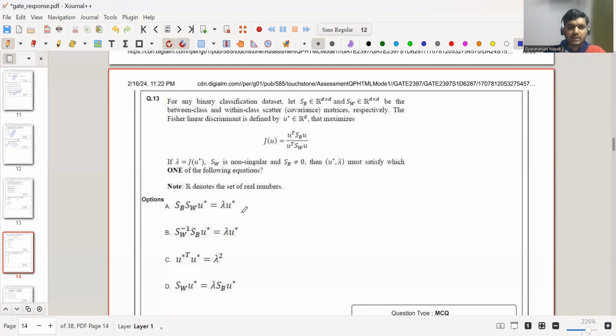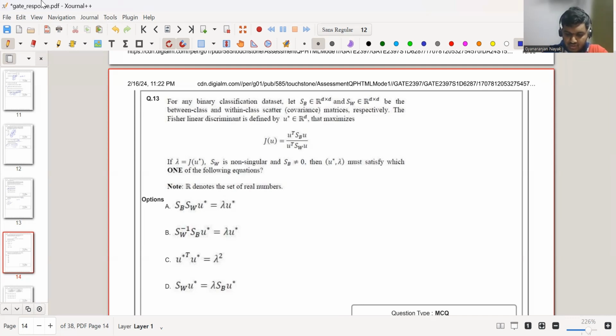The Fisher linear discriminant is defined by U star belonging to R that maximizes J of U equal to U transpose SB U divided by U transpose SW U. So here if lambda equal to J of U star, SW is non-singular and SB not equal to 0, then U star and lambda must satisfy which one of the following.